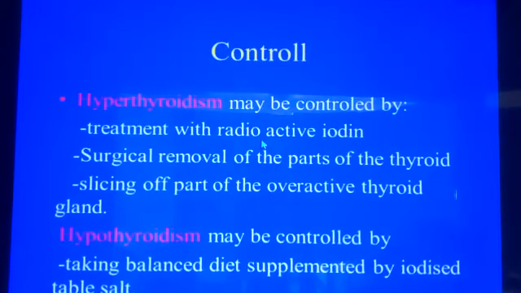Now, these conditions may be controlled by, number one, for oversecretion of thyroxine hormone, one could be subjected to treatment with radioactive iodine and then followed up by surgical removal of the parts of the thyroid gland that are overgrown, and then some part of the overactive thyroid gland can also be sliced off.